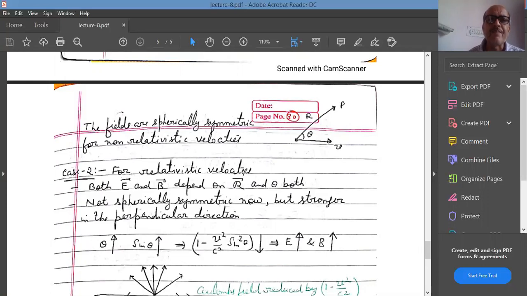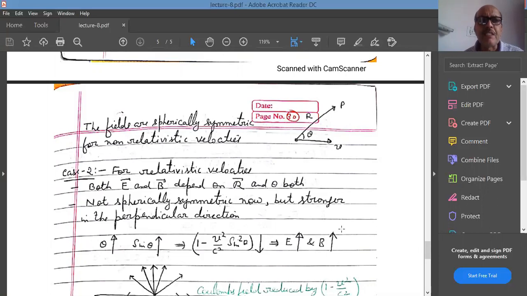You can see here that as theta increases, if you increase the value of theta from 0 to 90, the value of sine theta also increases from 0 to 1. Since it is 1 minus v square upon c square into sine square theta, this term drops, and the electric field and the magnetic field both increase as a function of the angle.